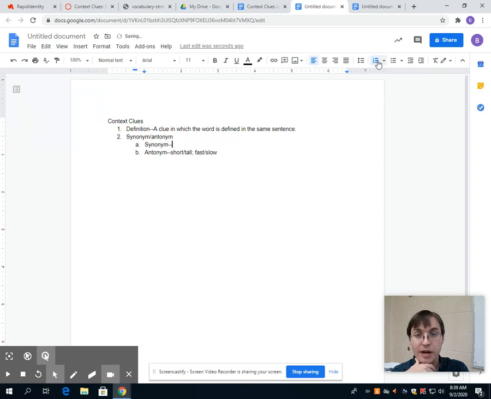Synonym is when the word means something similar. For instance, quick is very close to the same meaning as fast. So you see here with the antonym, fast and slow, slow is the opposite of fast.